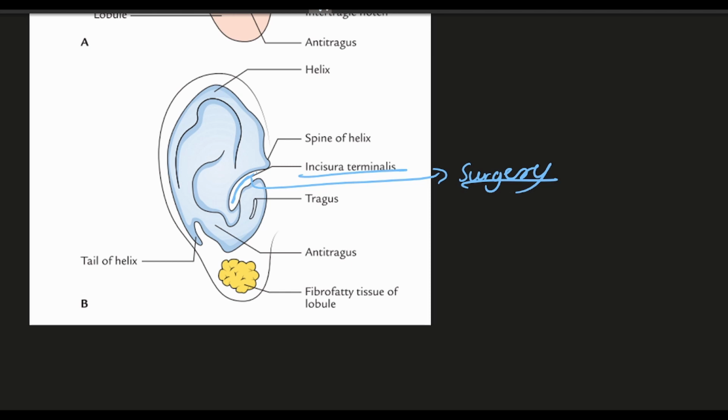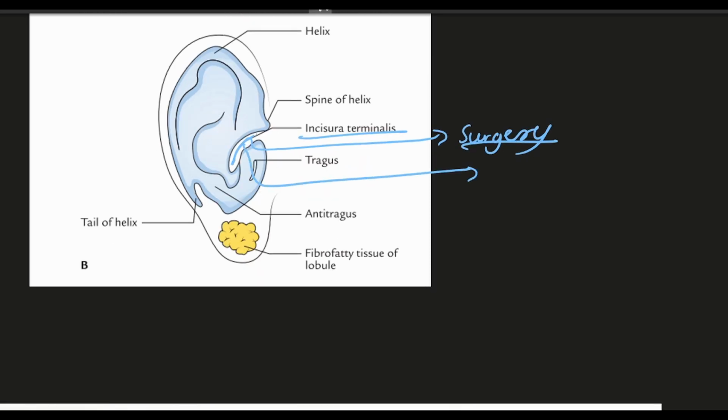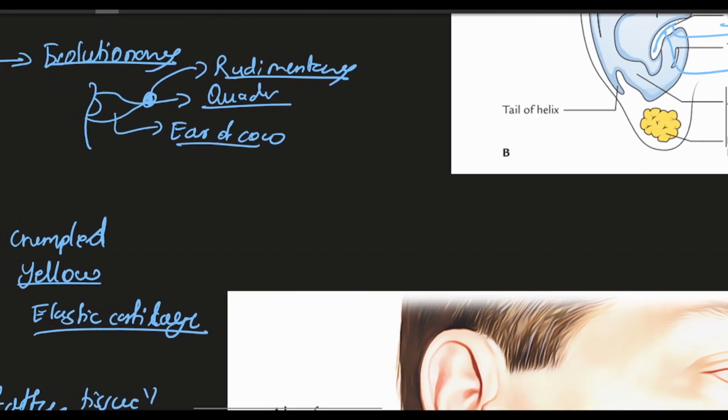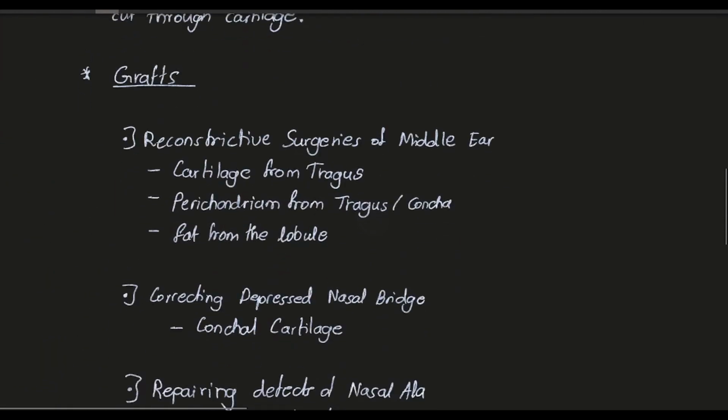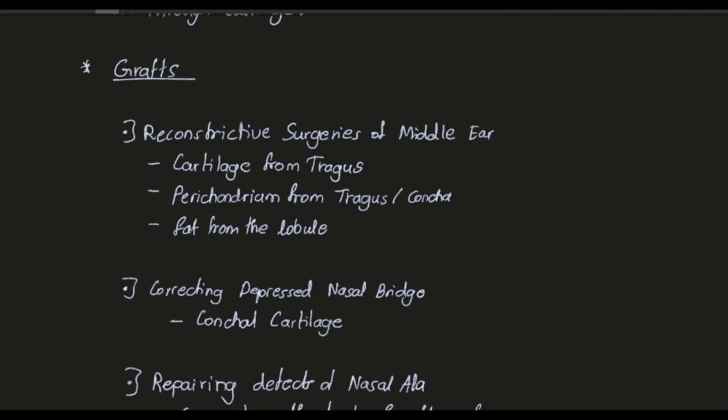Any incision taken over this does not cut through the cartilage. And the external ear is mainly used for grafts.